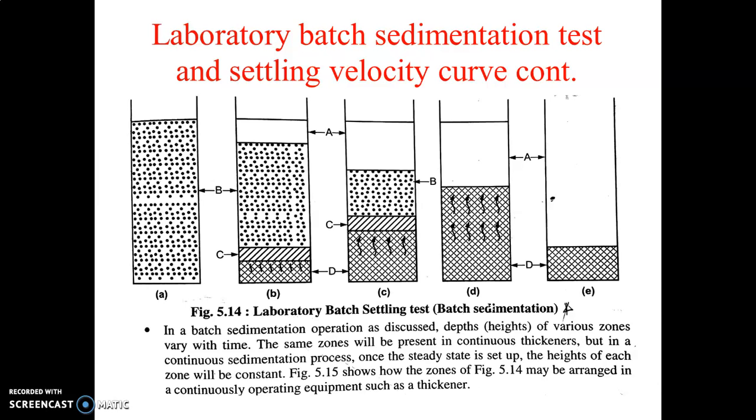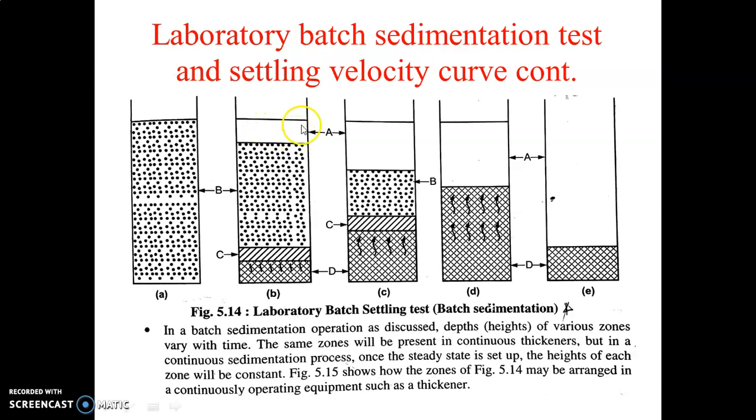Then above zone C there is zone B. Zone B has a uniform concentration of the solid material, and above zone B there is zone A, which is also called the zone of clear liquid.